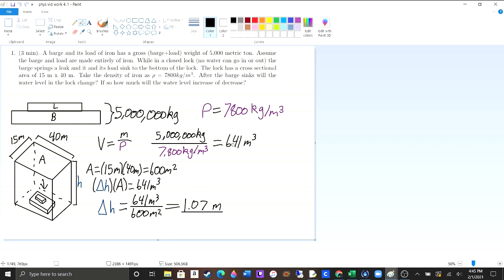To figure out how much that will change the water level, we have to find the cross-sectional area of the lock. So it's 15 meters times 40 meters, and that gives us 600 meters squared.